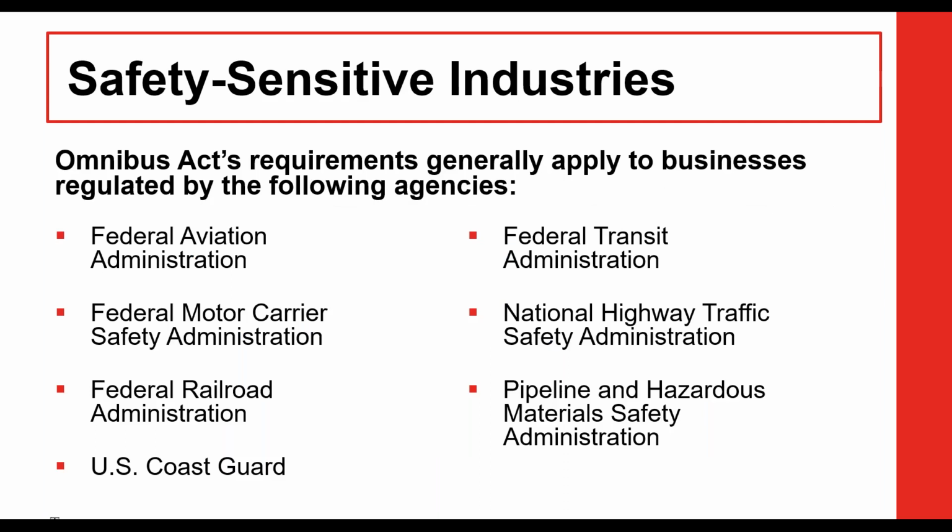So the Omnibus's requirements do apply to businesses that are regulated by several different federal agencies. The Federal Aviation Administration, so your airlines or other airport providers; the Federal Motor Carrier Safety Administration, so your trucking companies; the Federal Railroad Administration, the railroads; the U.S. Coast Guard, which would likely cover shipping companies, here in Ohio, or Cleveland, companies that have ships on the Great Lakes; the Federal Transit Administration; the National Highway Traffic Safety Administration, which would potentially cover other transportation companies; as well as the Pipeline and Hazardous Materials Safety Administration.